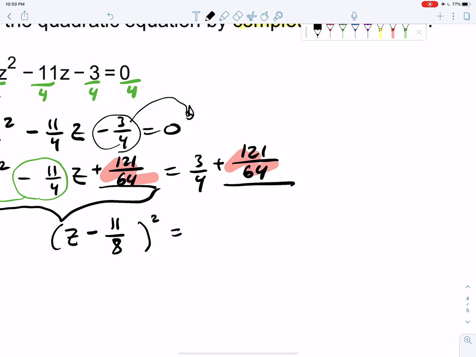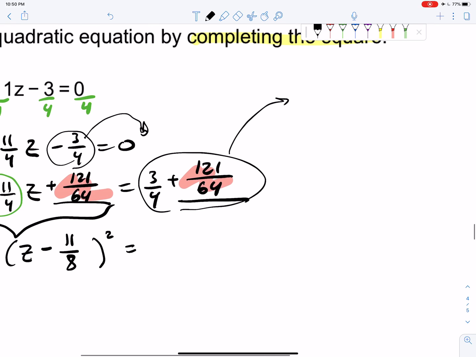We added that, and we're going to need to add those two fractions. To get a denominator of 64, our second fraction, 121 over 64, is good to go. But the first one, you must have multiplied the 4 on the bottom by 16. So 4 times 16 gave us 64, and 3 times 16 gives us 48 up top.